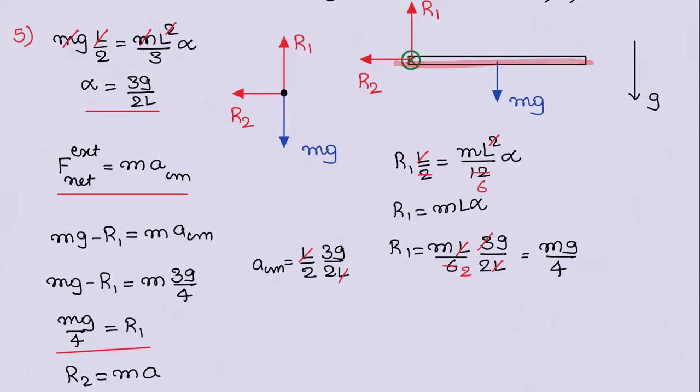What is that? 0. So a is equal to 0, which implies R2 equals 0. You won't get complete clarity at this place.